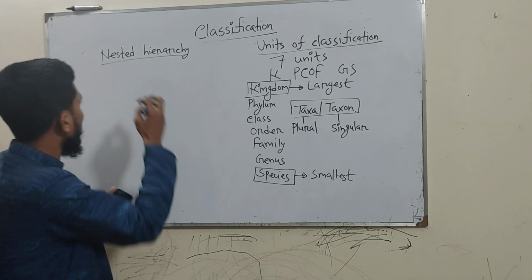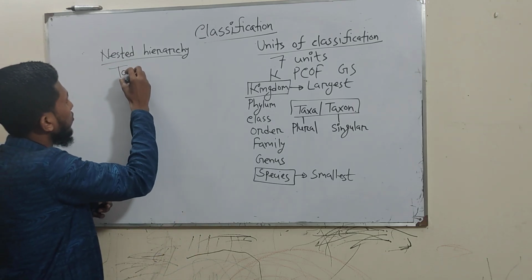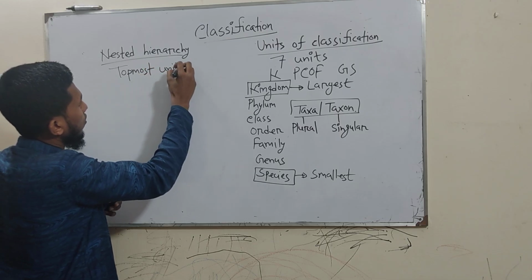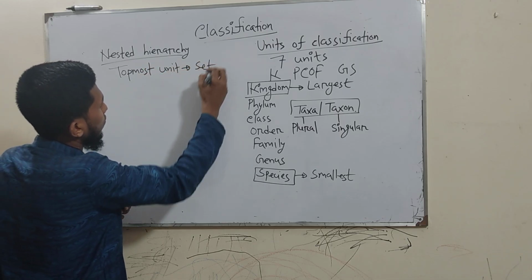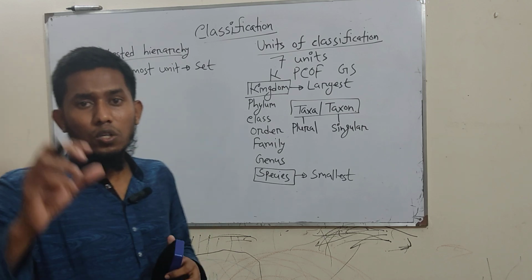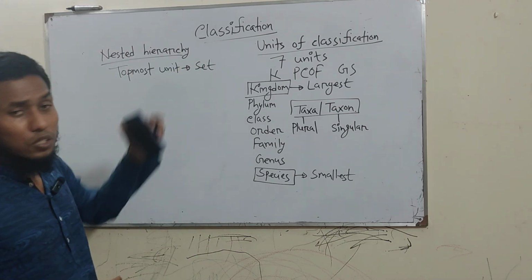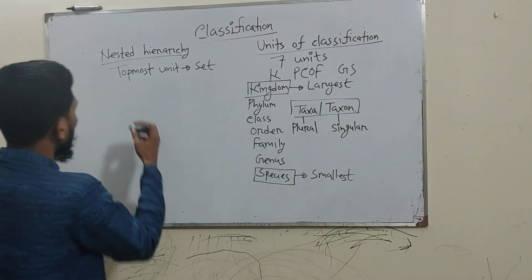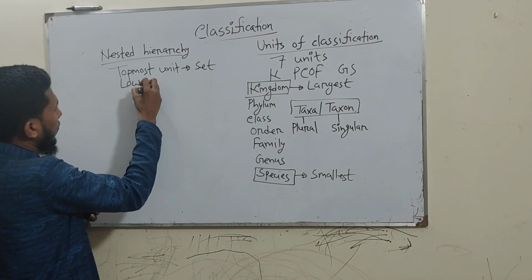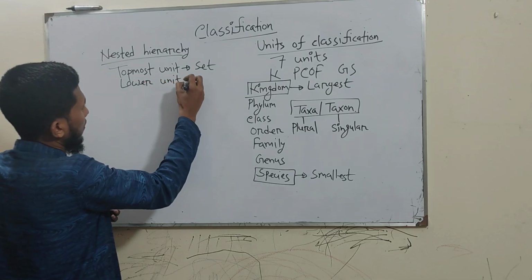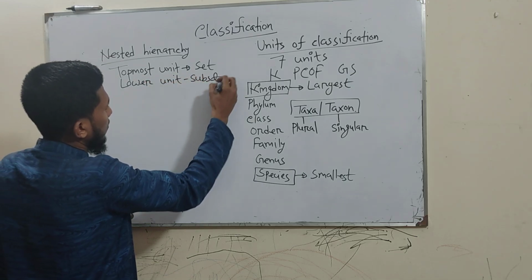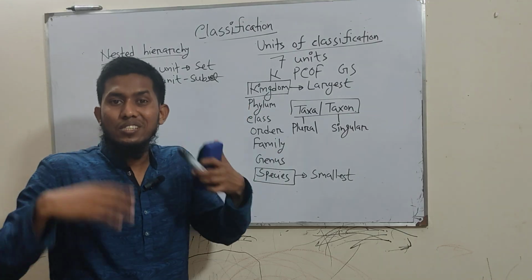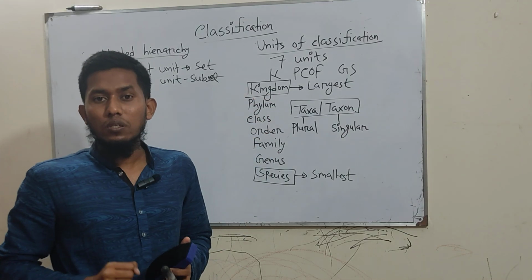The topmost rank is kingdom. The topmost unit or rank is called a set, and the lower rank or unit is called a subset.